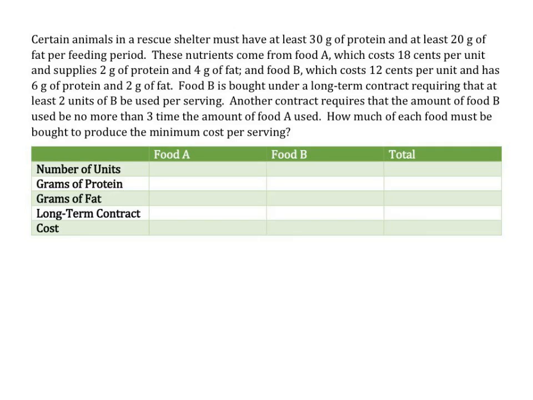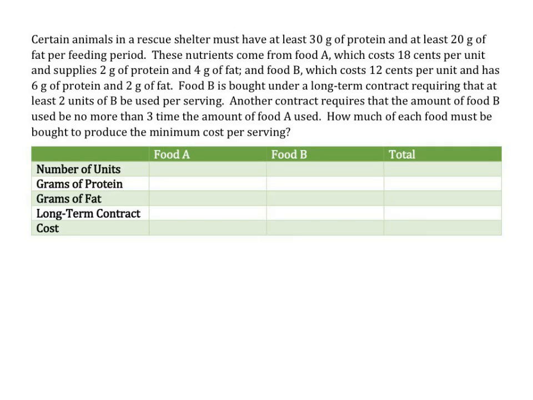Food B is bought under a long-term contract requiring that at least 2 units of B be used per serving. Another contract requires the amount of food B used be no more than 3 times the amount of food A. How much of each food must be bought to produce the minimum cost per serving?